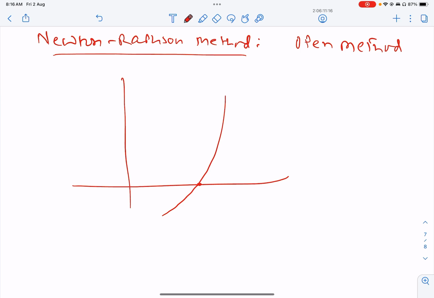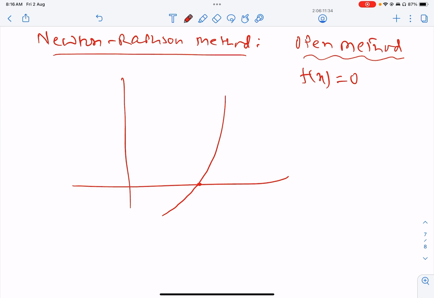That means every time we don't have any interval in which the root lies. Okay, so we begin, like we would find the root of the equation f of x equal to 0.